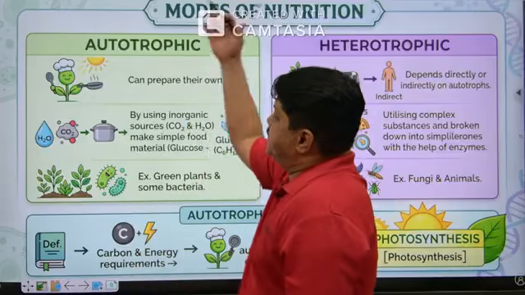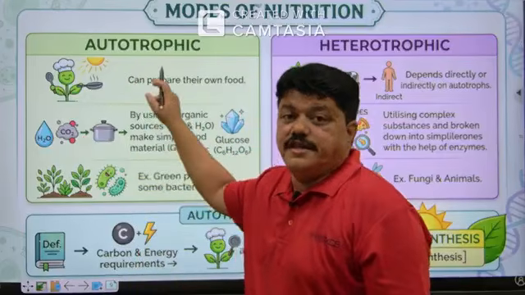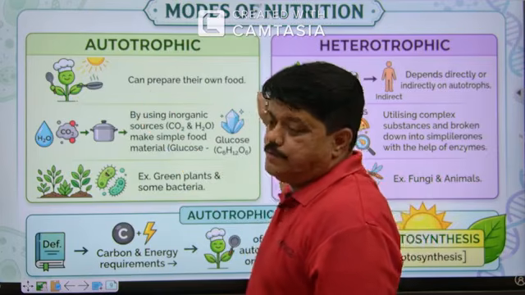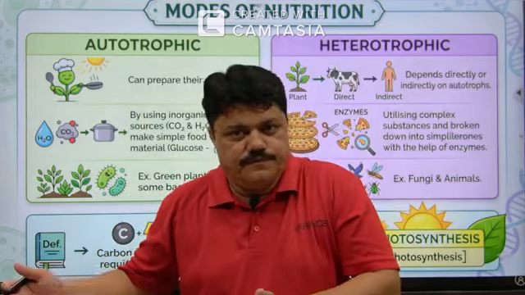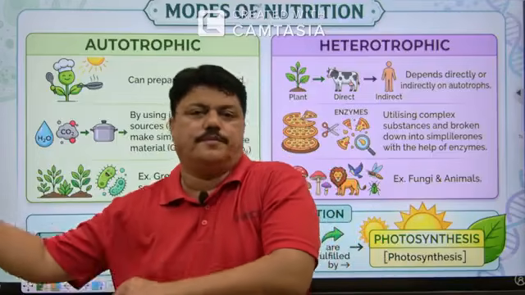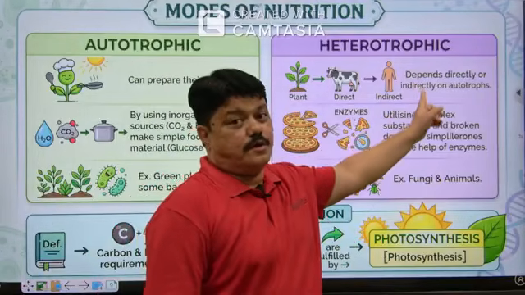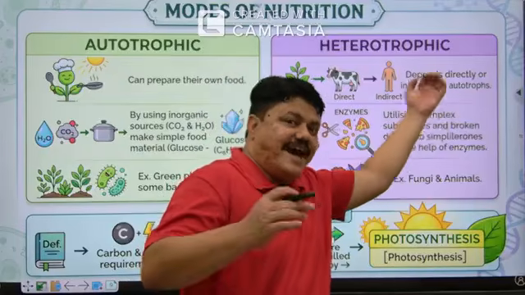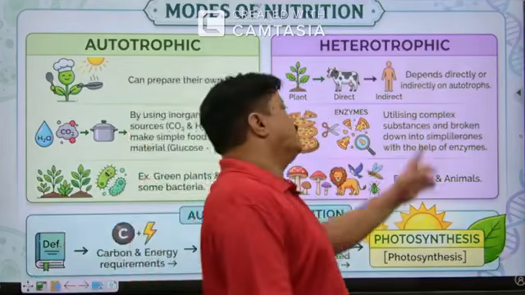Simply, autotrophs are the organisms which can prepare their own food. The organisms that can prepare their own food are called autotrophic organisms, whereas heterotrophs depend directly or indirectly on autotrophs.